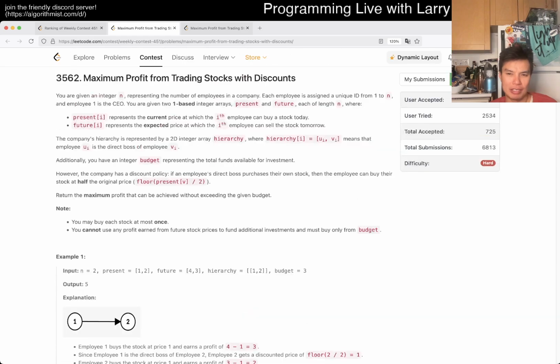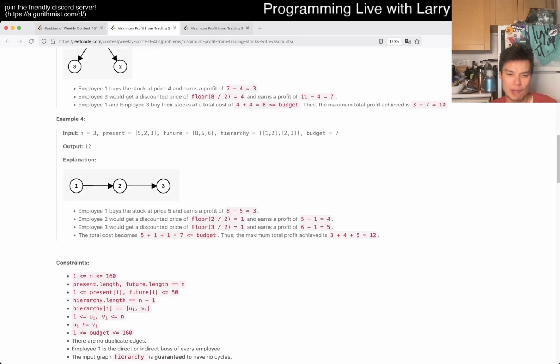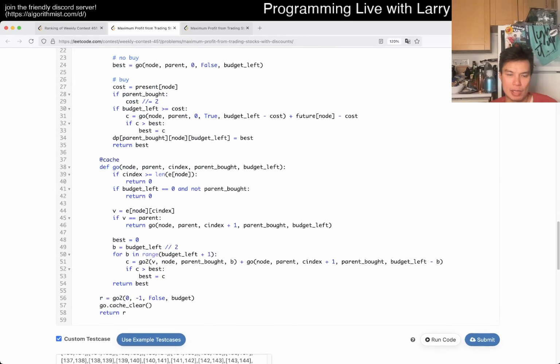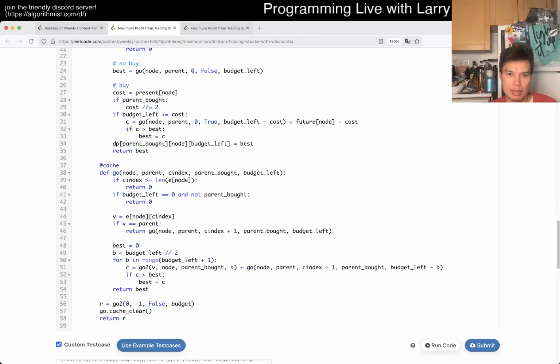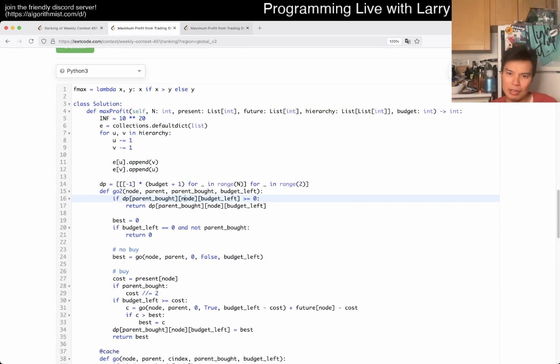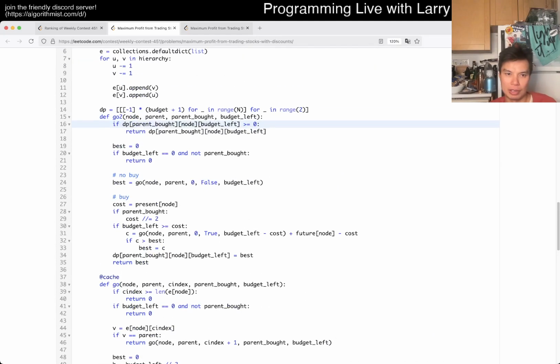Is it rerouting? No, I don't think so. I see. I think instead of budget left, we would calculate our best per thing, maybe? Okay. I mean, I don't know that this works, and I don't have time to implement it in 4 minutes, but I'll try to do it afterwards.